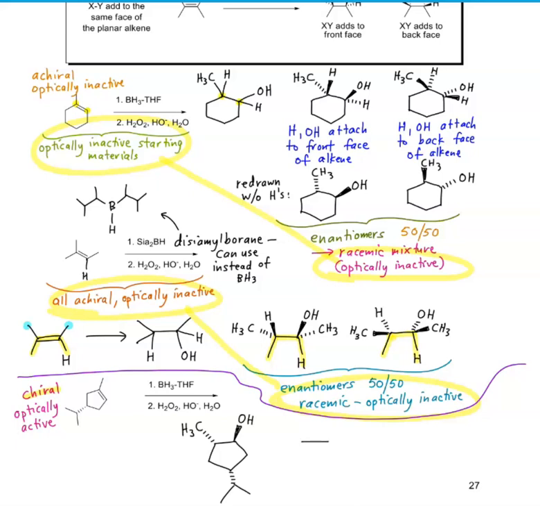So we get this one, where the H and the OH attached at the front face of the alkene, and this one, where they attached from the back face. When we compare these two structures, what we see is that these are diastereomers.